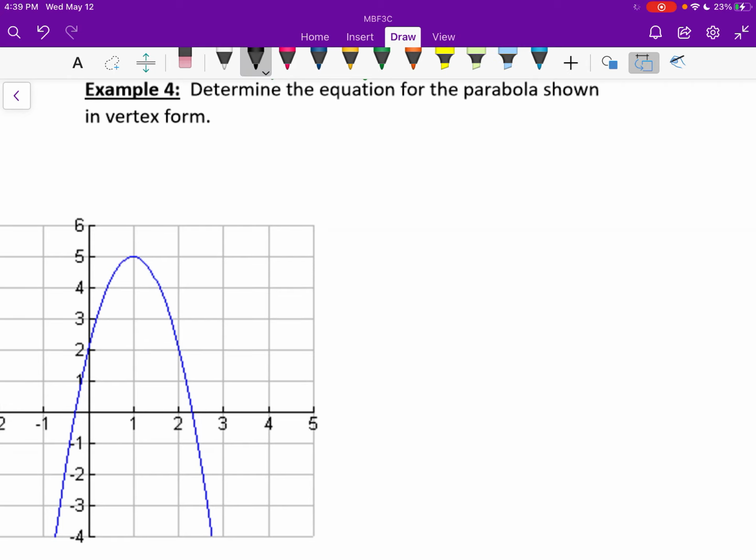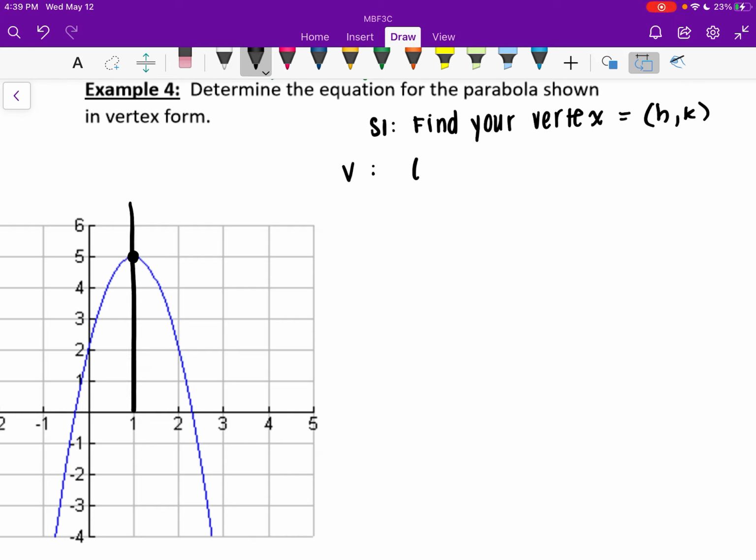So first things first, step 1 is always find your vertex. Find your vertex, and that will give you h and k. It's just the easiest thing to do right off the bat. Where's the point where it turns around? Right there. So I know my vertex is x equals 1, y equals 5.